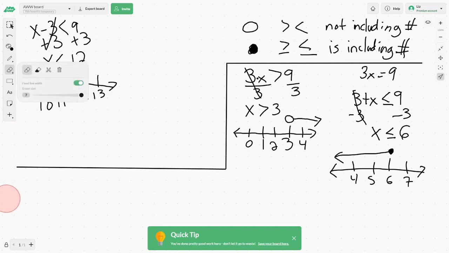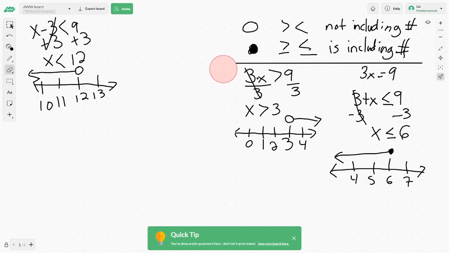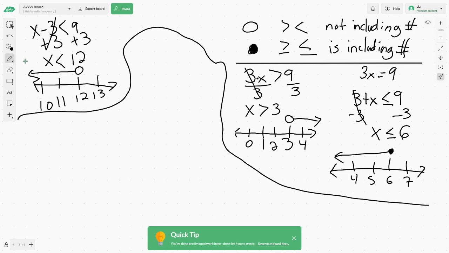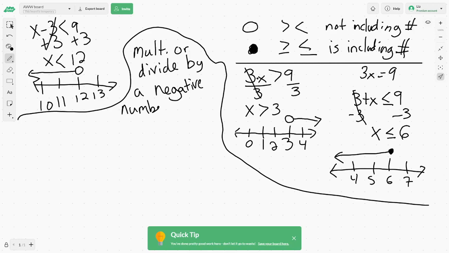There is one exception to this rule. If you multiply or divide by a negative number, you flip the inequality sign.